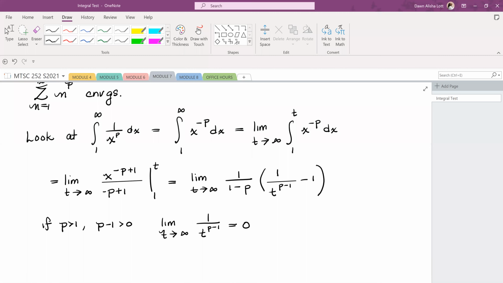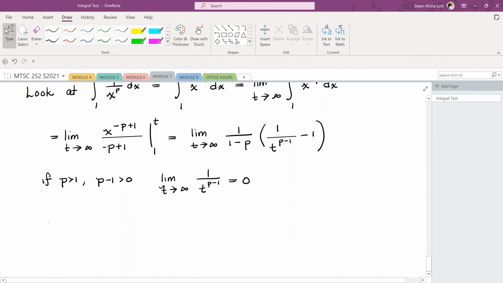Okay. So therefore, we can say that this integral is equal to just 1 over p minus 1 if p is greater than 1. And that's a finite number.